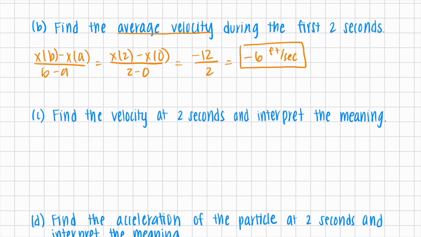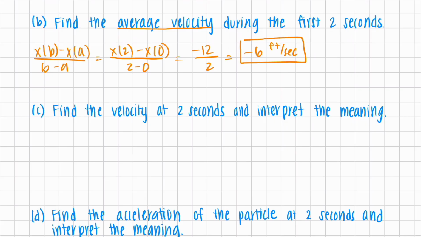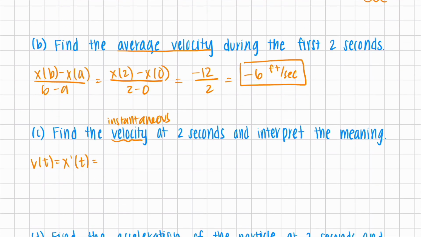Letter C says find the velocity at 2 seconds and interpret the meaning. So whenever they ask for just the velocity, they mean the instantaneous velocity, which is your v of t. So v of t is going to equal the derivative of my position, so x prime of t. And just to rewrite it, our x of t was 2t squared minus 10t plus 8.